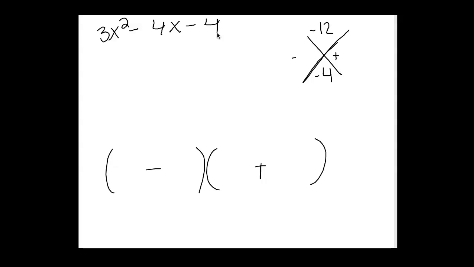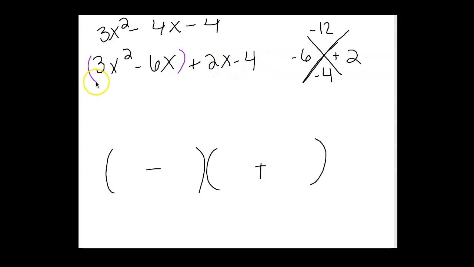Got it, Elijah? Negative 6 and 2. Perfect. So this is where I would write the negative 6 first as opposed to the positive 2, simply because when I do factor by grouping, I don't have to worry about taking out that negative GCF.